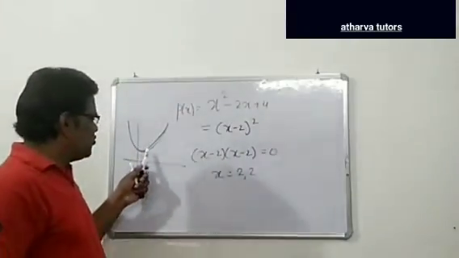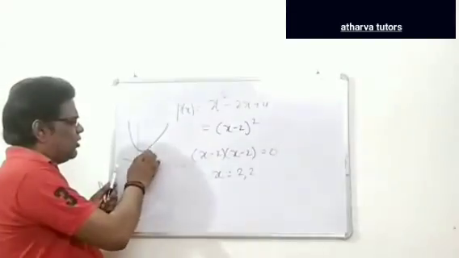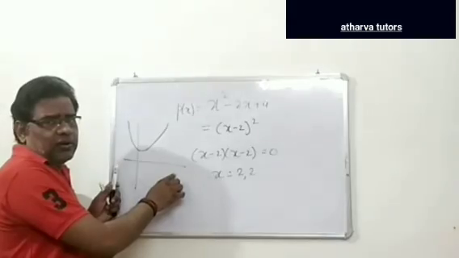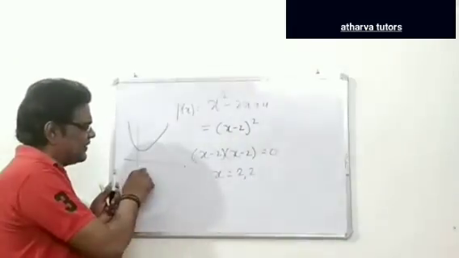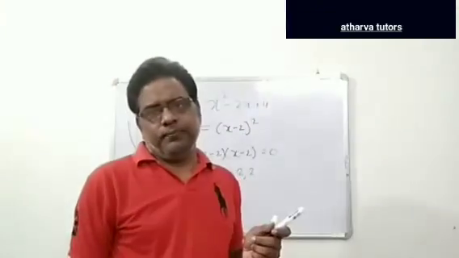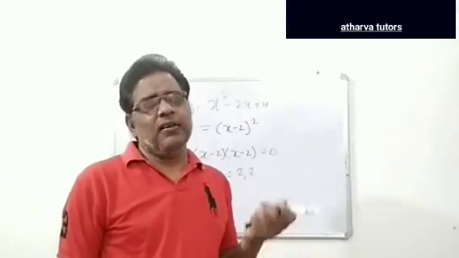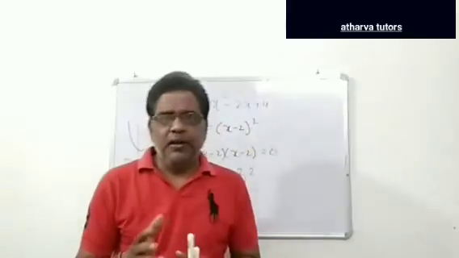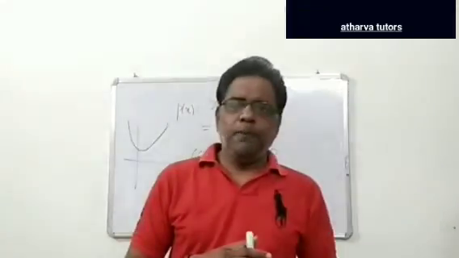And you see that this curve is not cutting the x-axis at any point. Since it's not cutting the x-axis at any point, you will say that it has no zero. So this thing you have to remember in case of a quadratic polynomial.